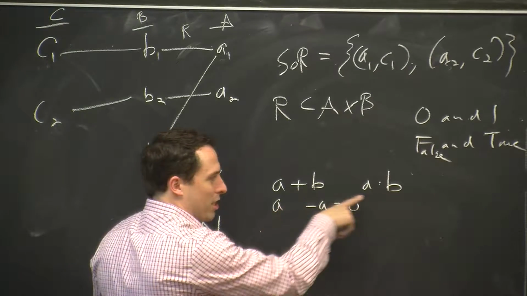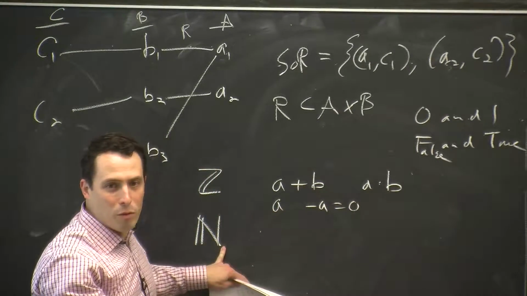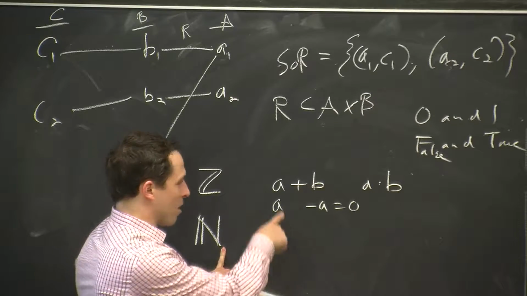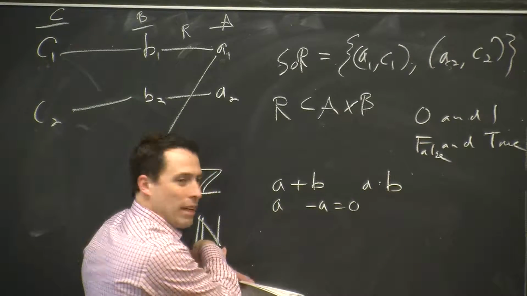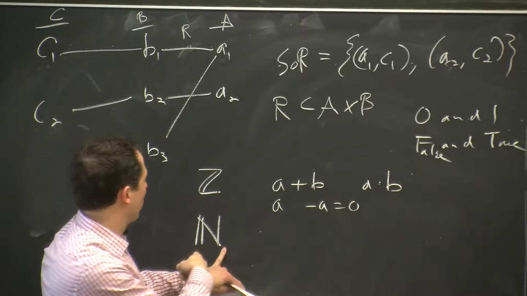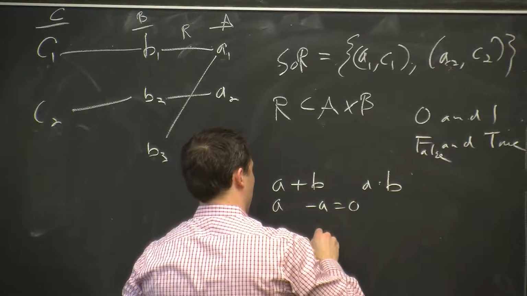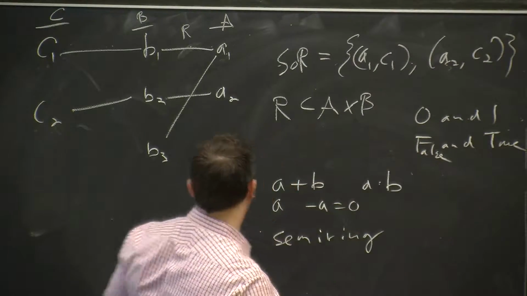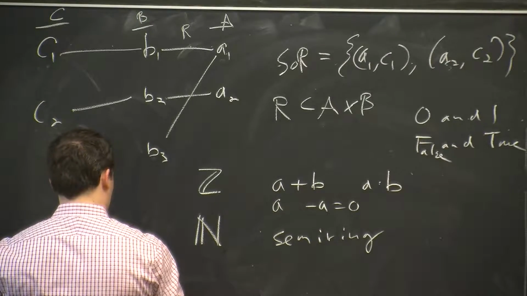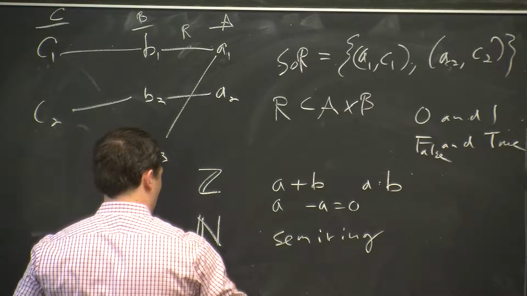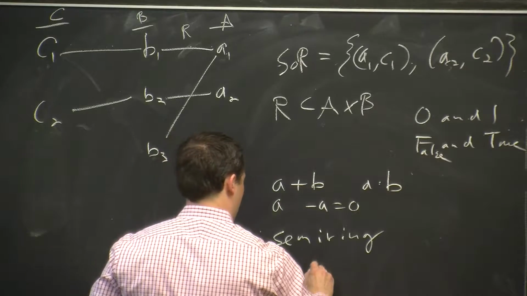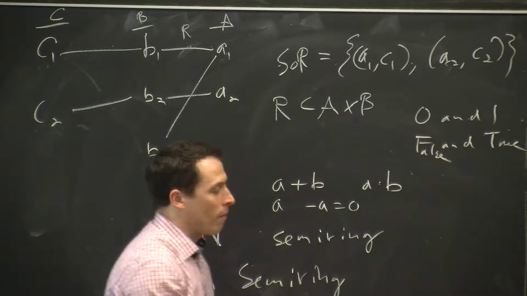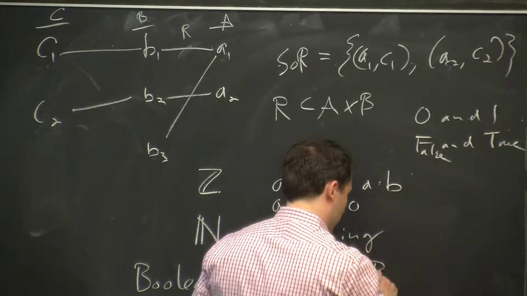That is, there's still an addition and a multiplication, and they follow the rules you would expect. But there's no additive inverse, right? 2 is a natural number, but negative 2 is not. So that's an example of a semi-ring. And there's a semi-ring that's built out of false, true, and an or, called the Boolean semi-ring. I'll write B for it.